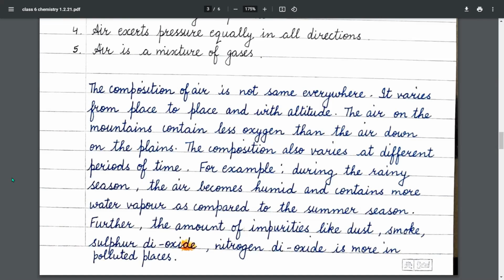For example, during the rainy season, the air becomes humid and contains more water vapor as compared to the summer season. Further, the amount of impurities like dust, smoke, sulfur dioxide, nitrogen dioxide is more in polluted places.